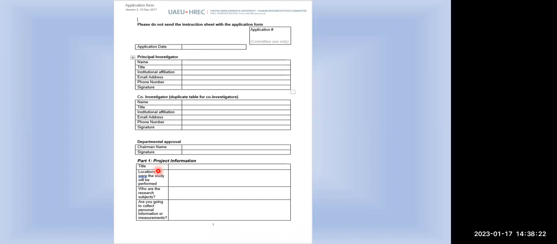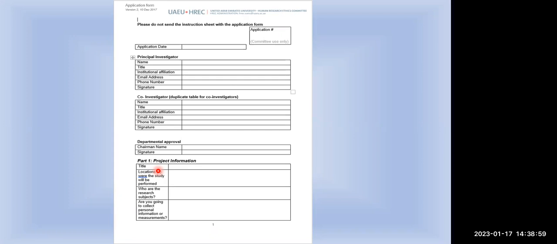Number two, the participants: if you are dealing with humans and you want to do this research on a human being, or taking blood from a human being, for example, to use for analysis, if it includes personnel from our university, for example, student participants as volunteers, staff, or faculty participants, then it should be fine. So this is within the scope of our committee.